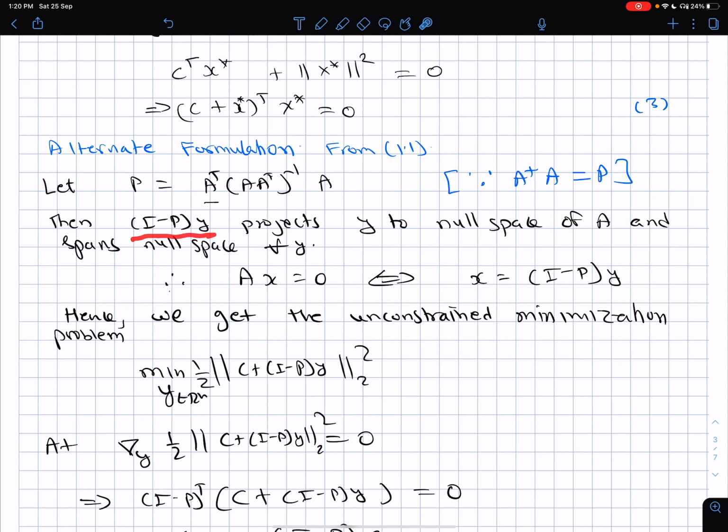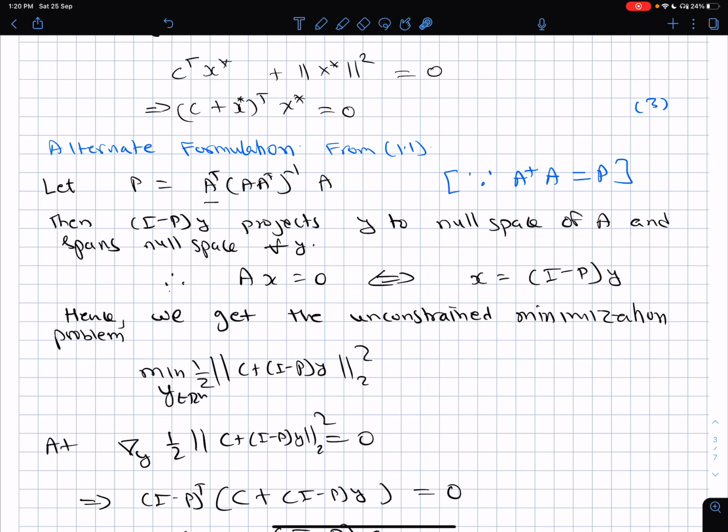Now, I minus P times Y. Once you have chosen this particular projection matrix, you can always say that I minus P times Y projects a vector Y into the null space of A. Why?